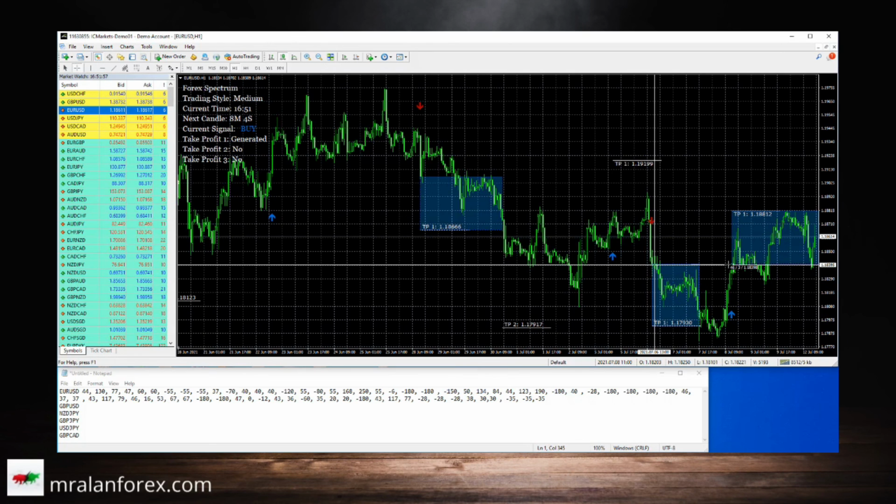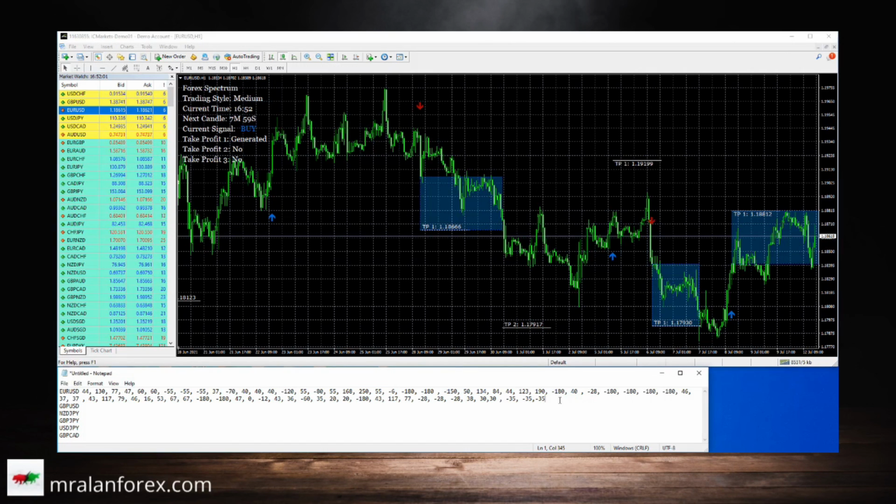It's 47, 46, and then we'll have a scratch trade. 47. Scratch trade means I'll close it at the price I got in. So 2 zeros there.